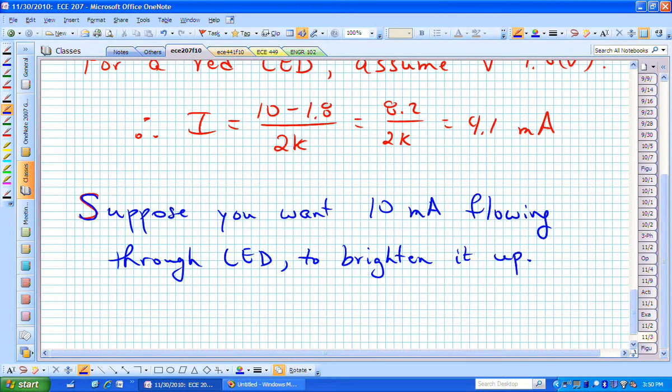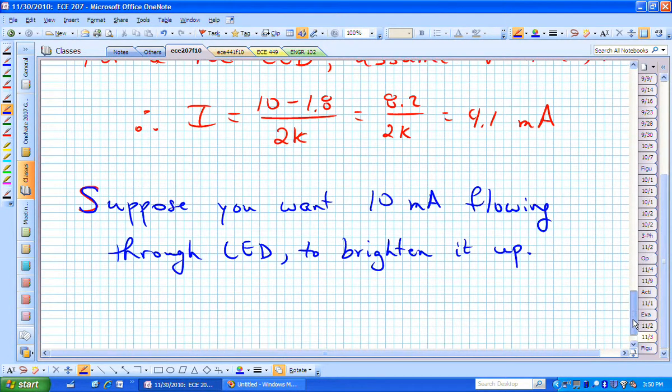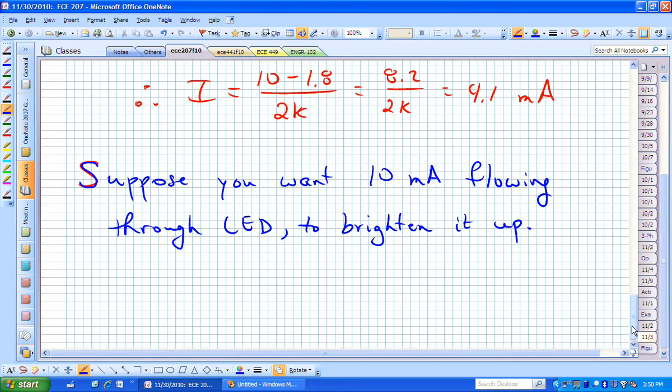If that's the case, and if you remember the circuit, it wasn't very complicated, the circuit to turn on an LED, a source and a resistor, what can we change?